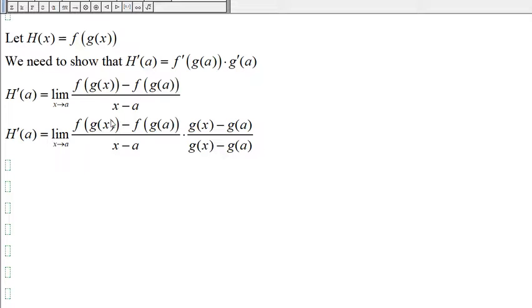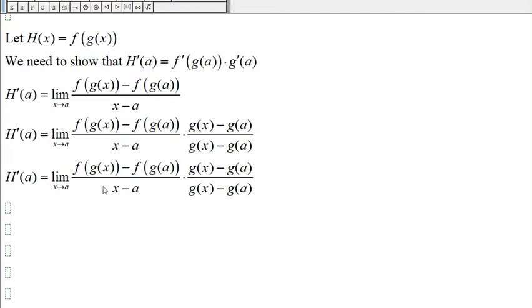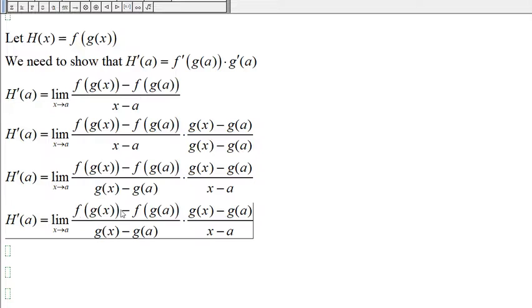Basically, we're multiplying this quantity by 1. Then we will rearrange things a little bit, and we will put this under here, and we'll put this under here. Then recall that the limit of a product is the product of the limits.